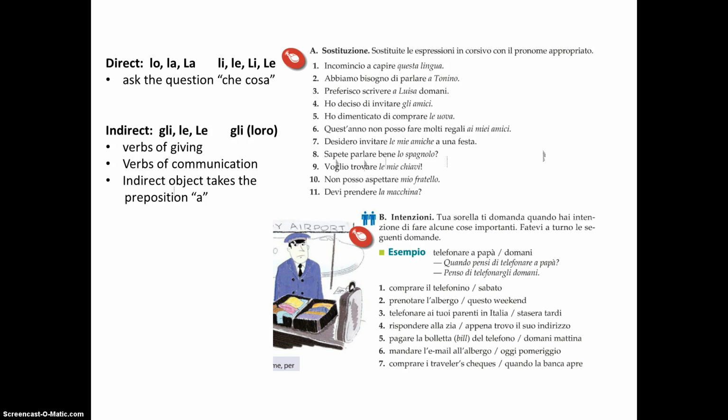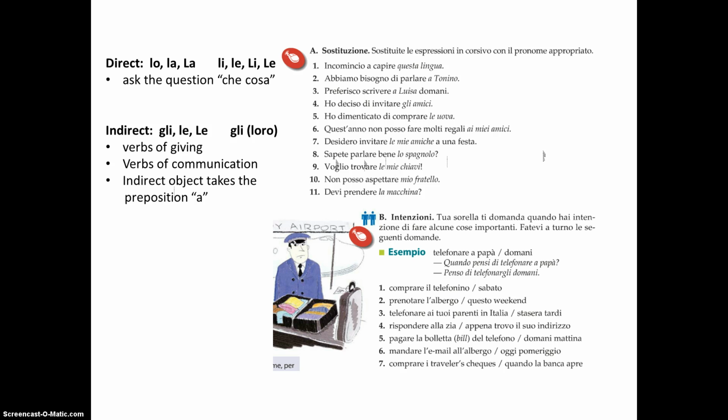Scrivere, verb of communication, and a, the preposition introducing Luisa, gives us a clue that it's an indirect object. So we would choose the feminine singular form to replace Luisa. Preferisco scriverle. So the e drops off of scrivere and we add le.